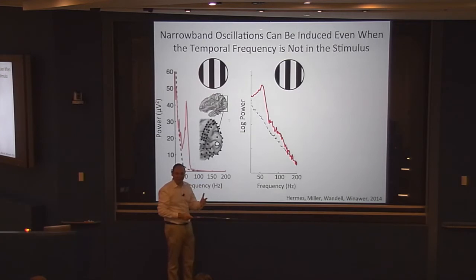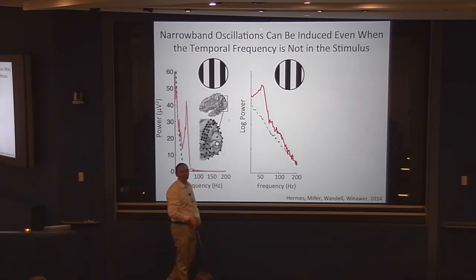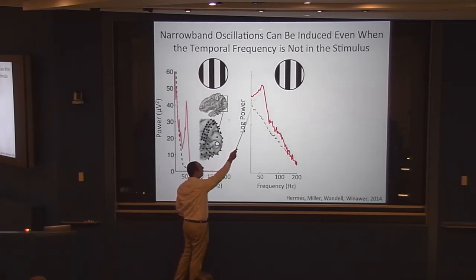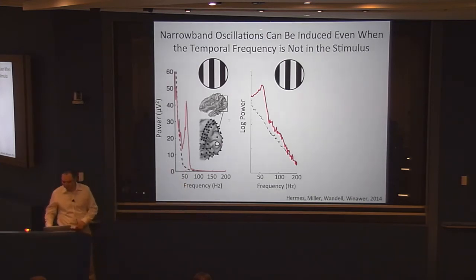And the reason I mention that is in support of my point earlier that there may be multiple processes going on in one band. In other words, what's going on here around 50 hertz may be the sum of this asynchronous broadband process and this narrowband oscillation around 50 hertz. And if we just measure the spectral power here, we may be mixing together two kinds of responses.